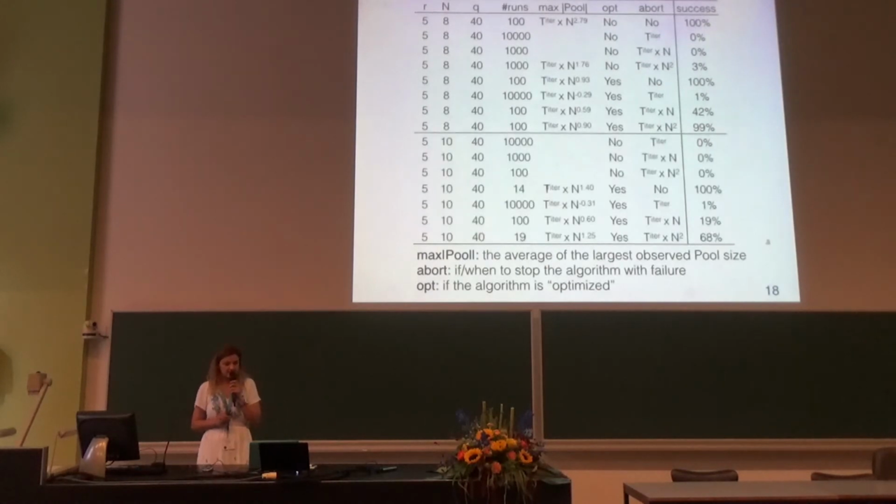So I can show you the results for r equal to 5 and n equal to 10 now. The behavior is similar, so I don't have much to add on that.